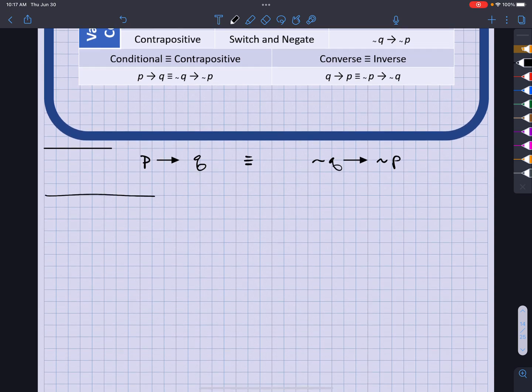So same thing here. I got a feeling this one isn't going to need as much as the other one because we got the not to be done as well.